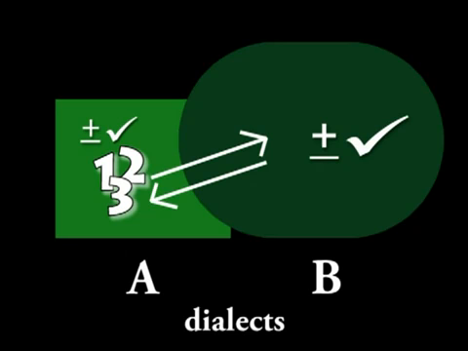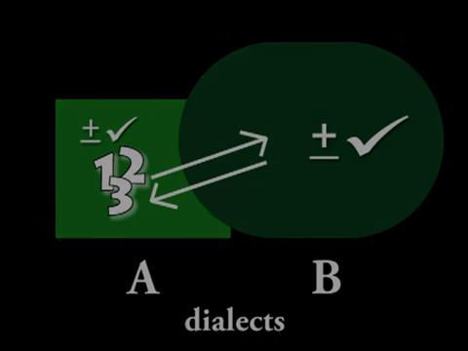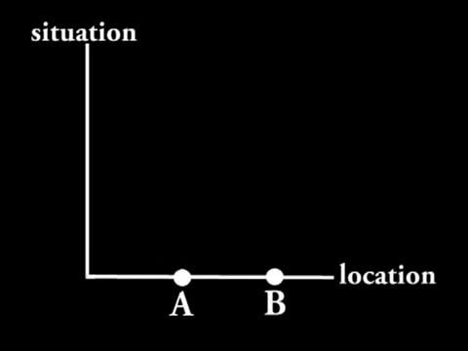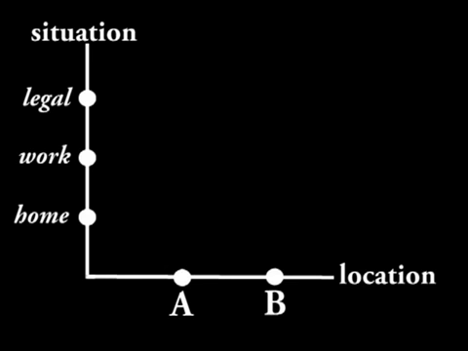Well, we would say that speakers 1, 2, and 3 and the speakers in this new region have differing dialects. But the speech of these different speakers doesn't just vary depending on the region, it also varies depending on the social situation. So we might find that all of these people, speakers 1, 2, and 3, use a different form of their language when they're speaking at home or at work or in an official capacity with, say, a government representative.